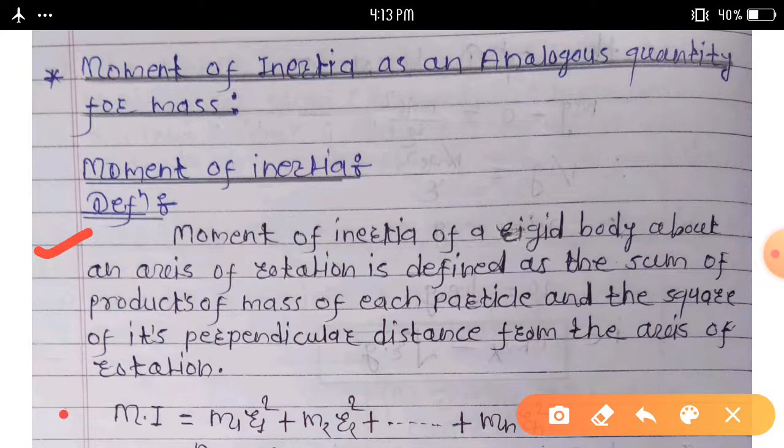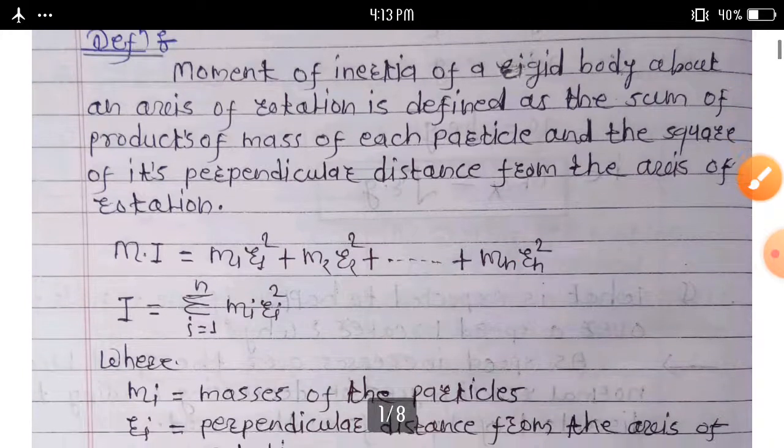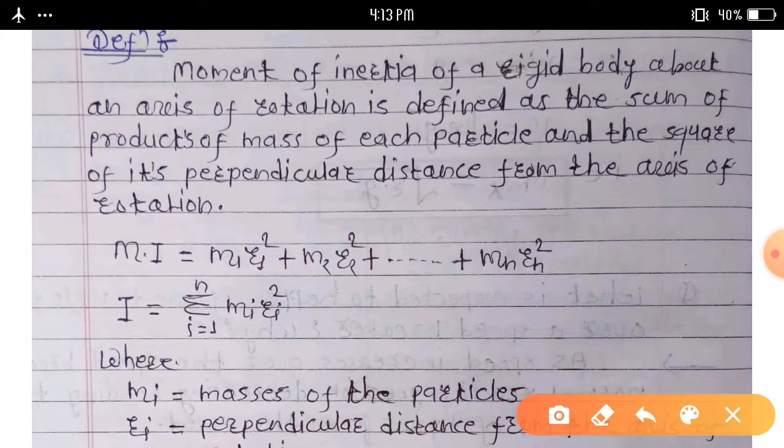Suppose here, moment of inertia is equal to m1 r1 square plus m2 r2 square plus up to plus mn rn square.